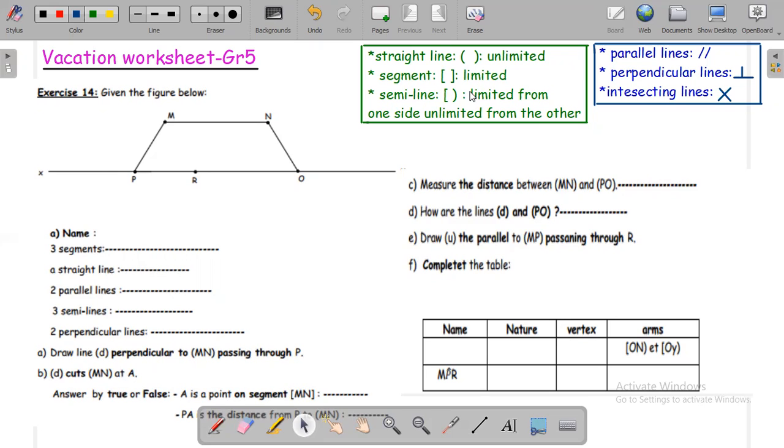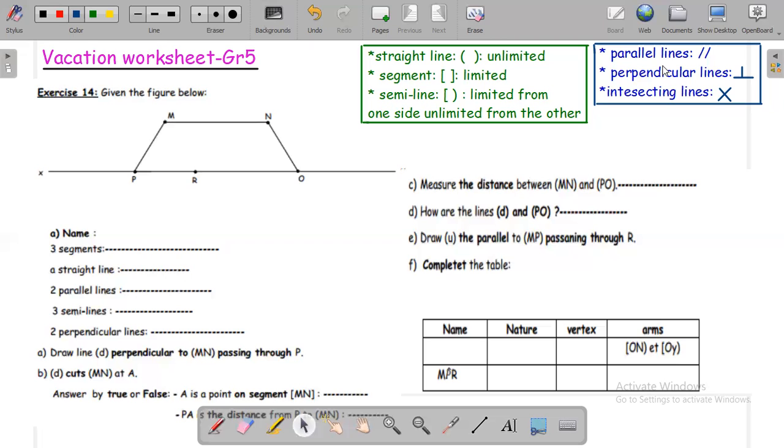With brackets we put only capital letters, and a capital letter means a point. A semi-line has a bracket and a parenthesis: limited from one side and unlimited from the other.